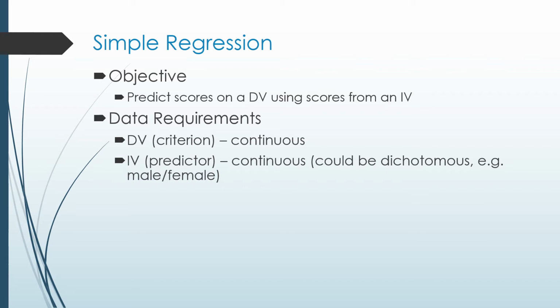So you could actually have a dichotomous predictor variable. In that case, the analysis would be exactly like an independent samples t-test. So you can actually use regression to do simpler analyses such as the t-test.